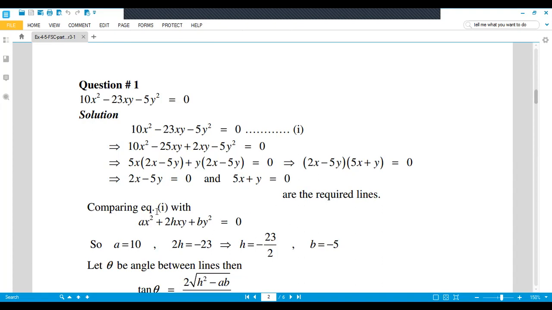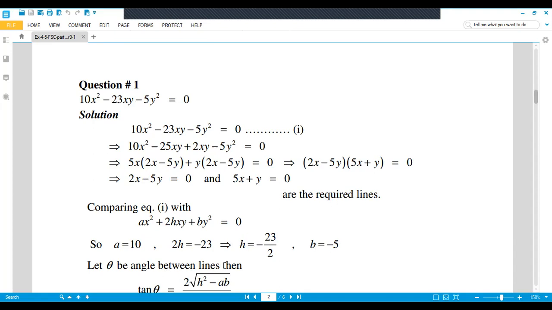Now comparing equation 1 with the homogeneous equation of second degree, that is ax square plus 2hxy plus by square equal to 0. Now if you compare with the original equation, equation 1, so a is 10 and 2h is minus 23, so h is minus 23 over 2, and b is minus 5.